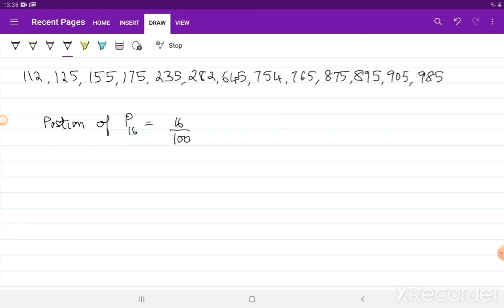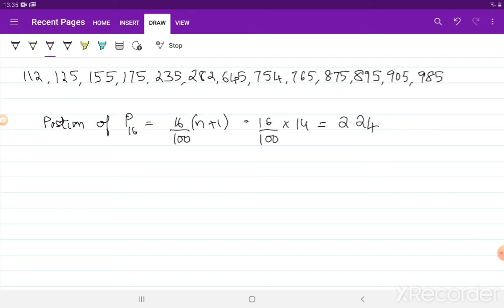So, 16/100 of (n+1), which is 16/100 of 14, which is 2.24. Yes, it is 2.24.